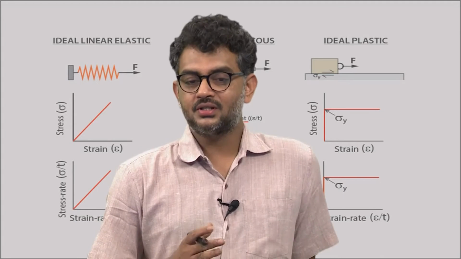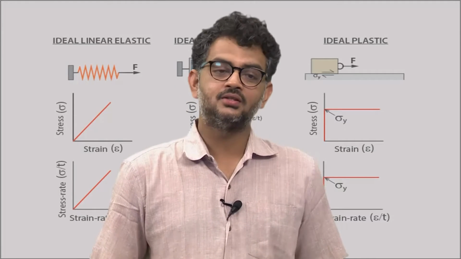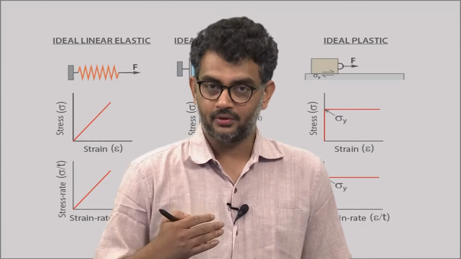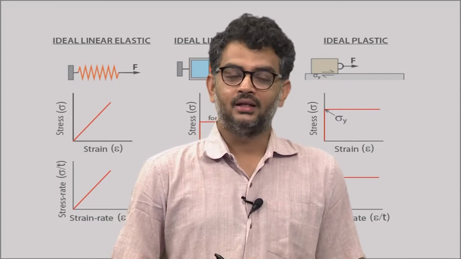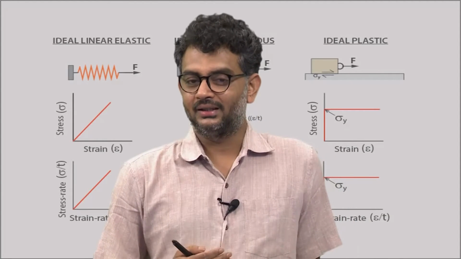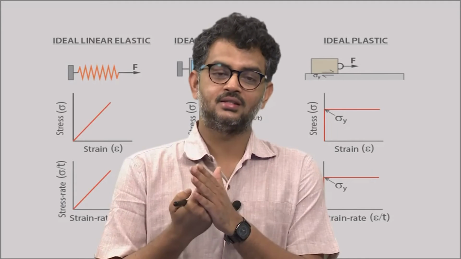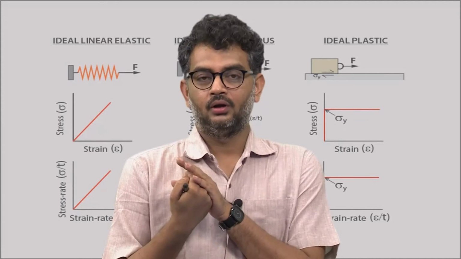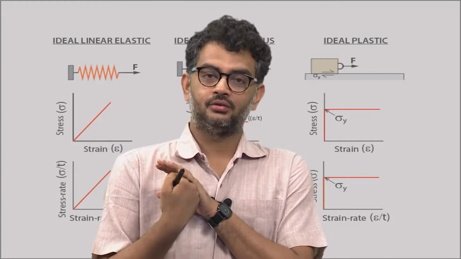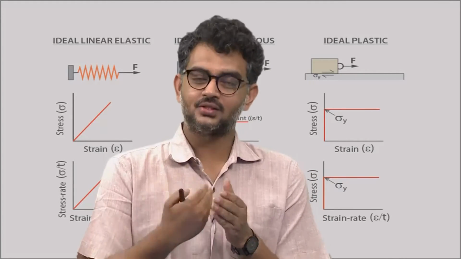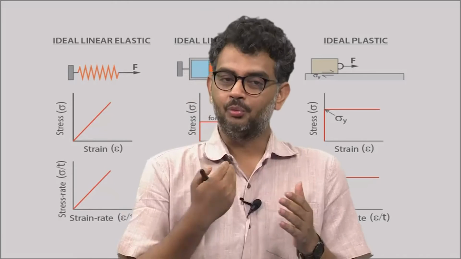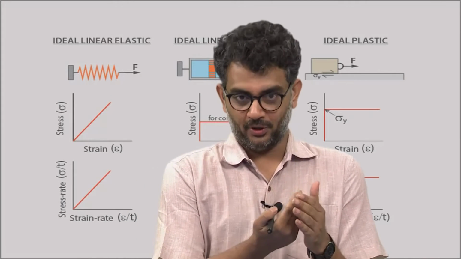If I try to see what is common in all these examples in terms of mechanics, then I'll always find that in all examples there are one or more components of force, stress, and one or more components of deformation or strain.